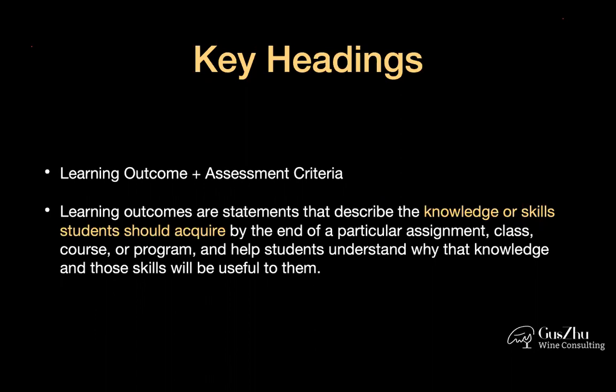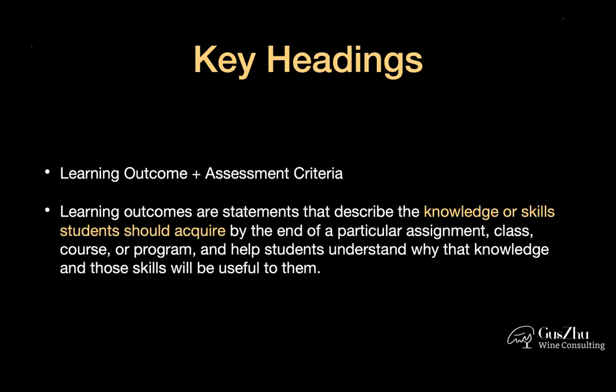Tell me what the meaning in English of learning outcomes and assessment criteria is. I'm just putting down the definition of these terms I can find online. Learning outcomes are statements that describe the knowledge or skills that students should acquire by the end of a particular assignment, class, course, or program, and to help students understand why that knowledge and skills will be useful to them.